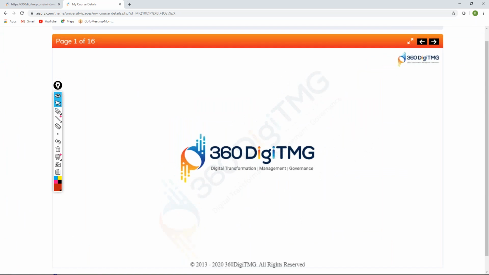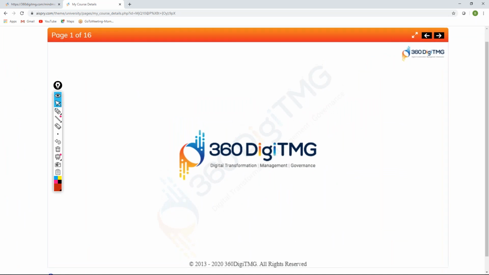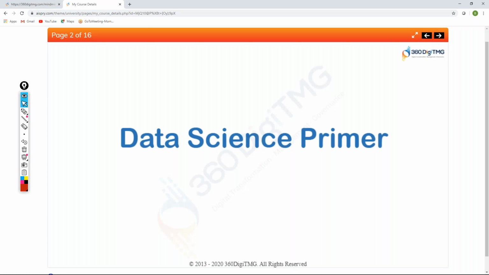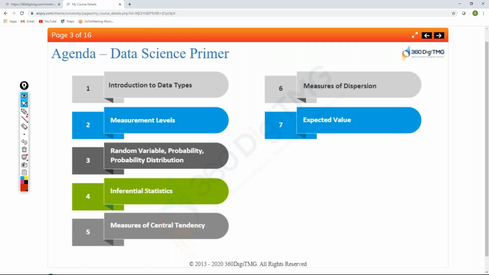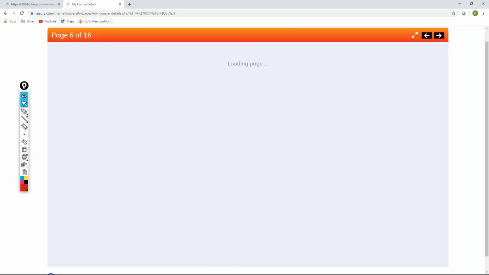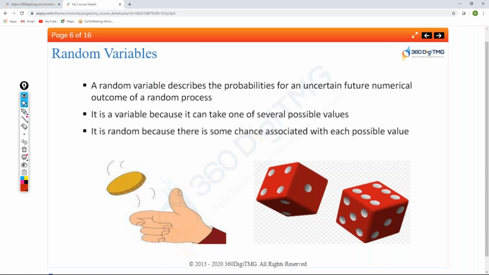All the data sets, the R code, and Python code would be available in this learning management system. It is a one-stop solution for you. Anything that I speak about would be available here.